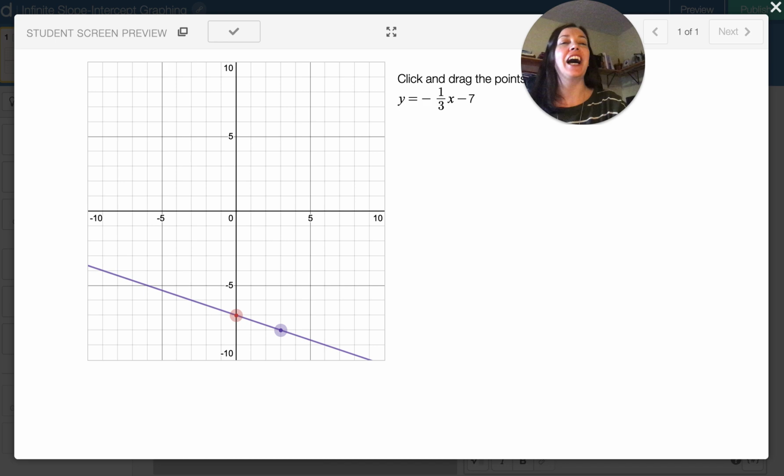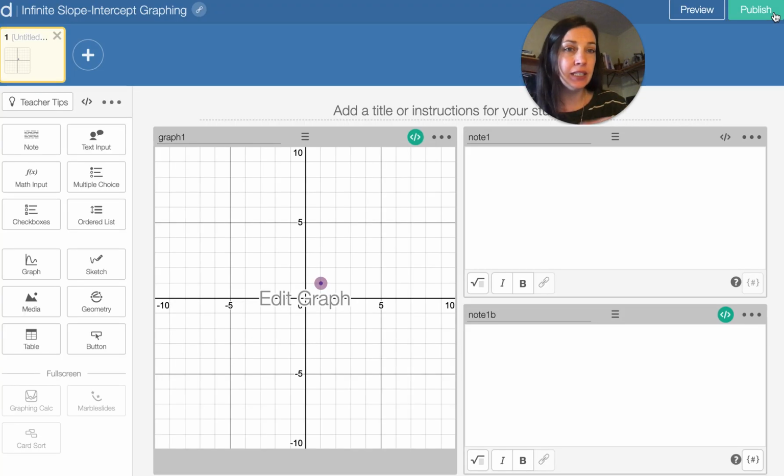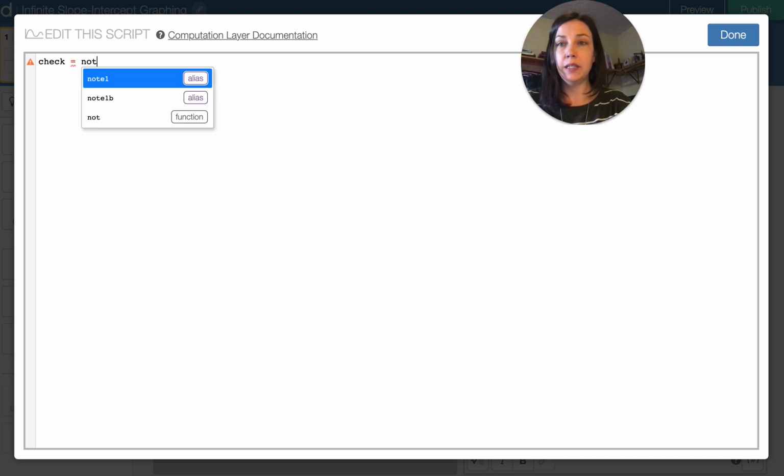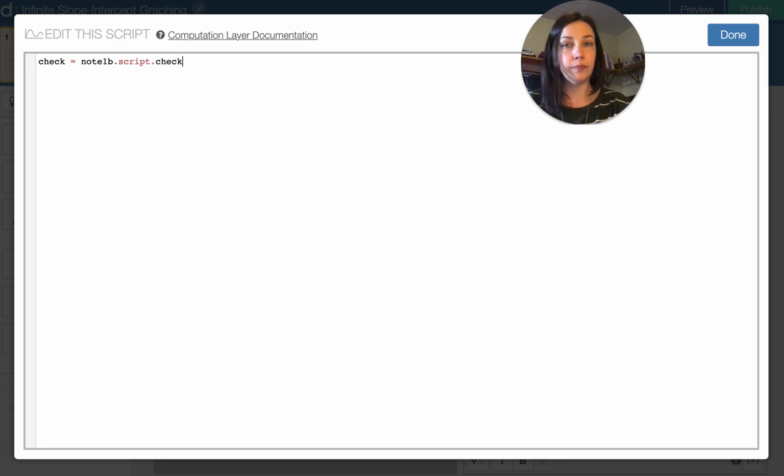All right, now if you don't want the students to know how they're doing with this, don't do this next part. I am going to go into this component, computation layer, and I'm going to let the students know if they got it correct. I'm going to pull in that check variable, from note 1B, script, check.